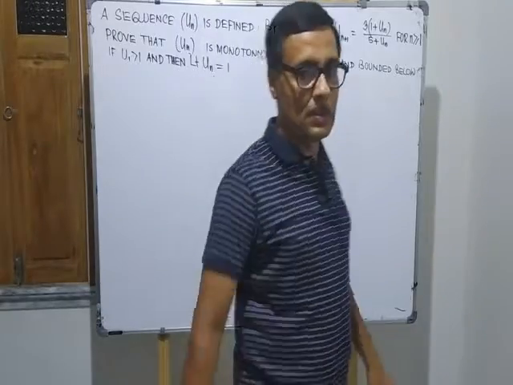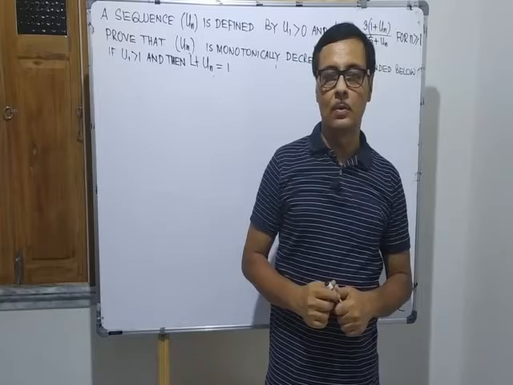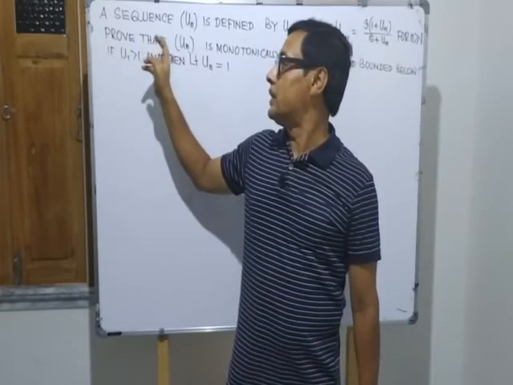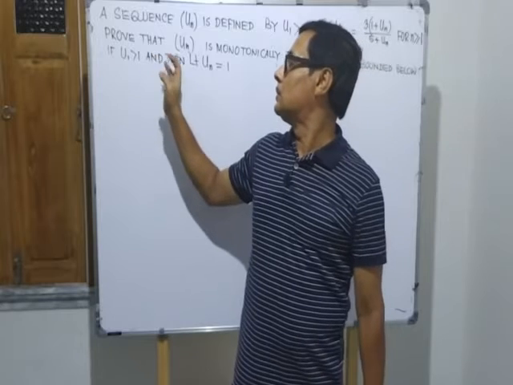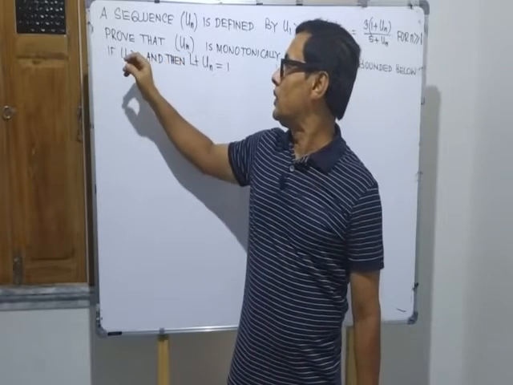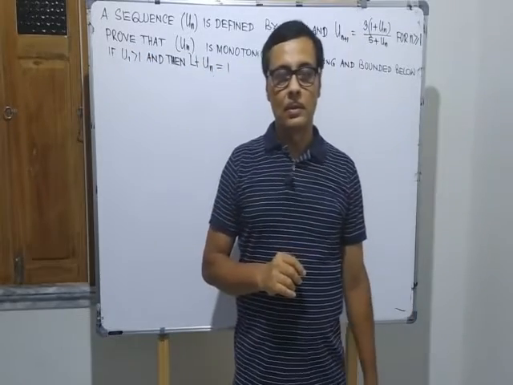First statement is un is monotonically decreasing and bounded below under the condition u1 greater than 1, and the second statement, also for u1 greater than 1, is limit un equal to 1.